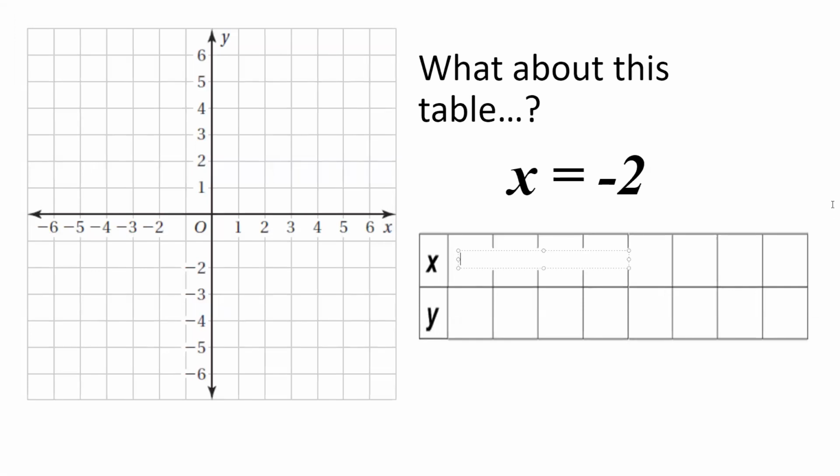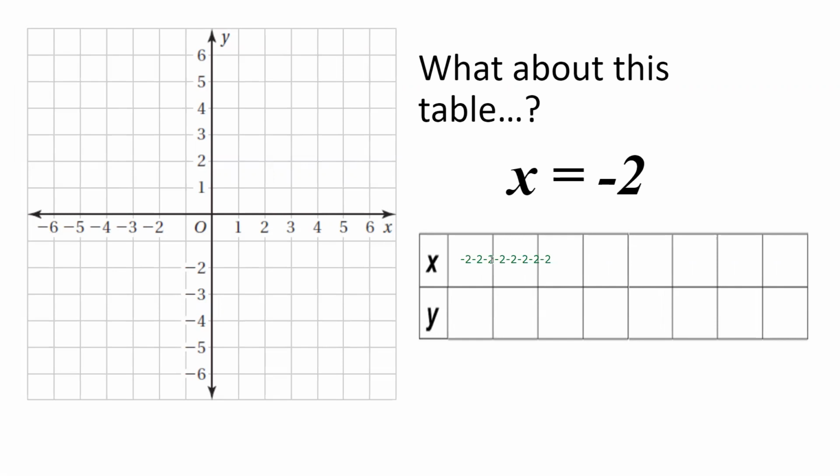Since my equation says x equals -2, all I can write is -2 in for my x's. So I'm going to write that the whole way down. Every single x that I have has to be a -2, because that's what the equation tells me.